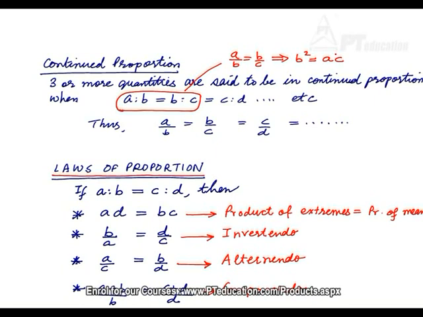So in continuous proportion or continued proportion, B square is equal to AC, which means that B is called the mean in this continued proportion. So this is the mean proportional. Just remember this, and B square is equal to AC. A is the first proportional, C is the third proportional, and B is the mean proportional. I hope that is clear.